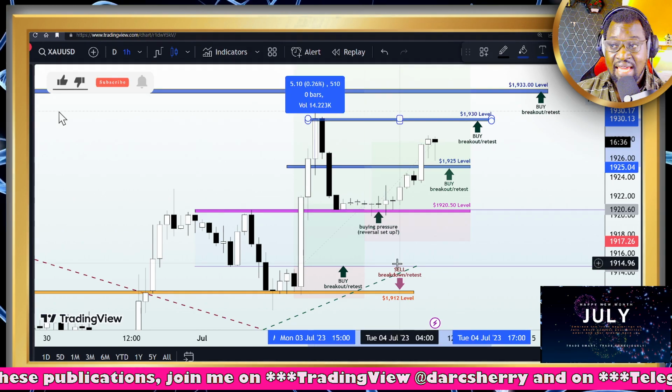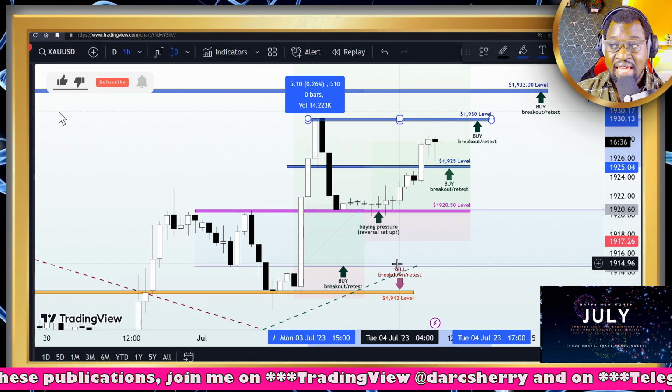If you look at the structure closely, let me zoom this in a little bit so that you can see things clearly. You will see that we had this consolidation phase around the 1,920 zone, and in fact it was characterized by buying pressure around that area, giving us a sign that we might likely be getting ready to buy.